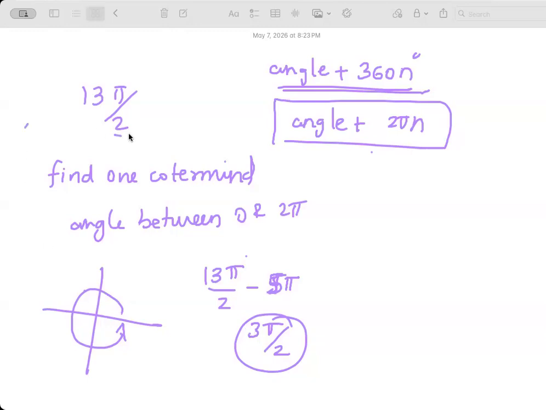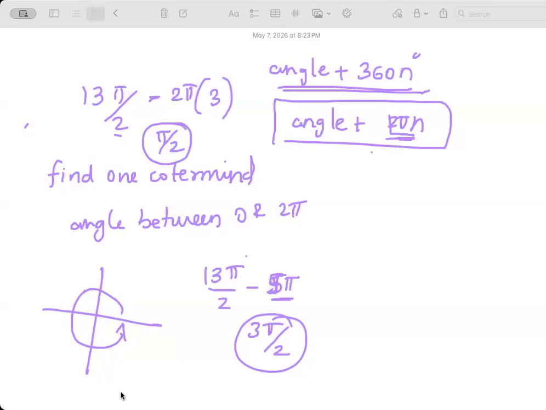Okay, so you can subtract 2 pi n. Now how many 2 pi's are you subtracting? 5 pi you want to subtract means, can you subtract 6 pi? Even you can subtract. So 6 pi you can subtract. So if you put the n value as 2, you can subtract 6 pi, you are left over with pi by 2. Do you see it?